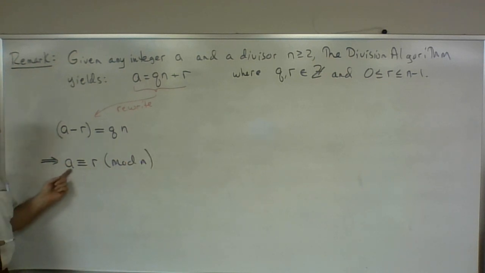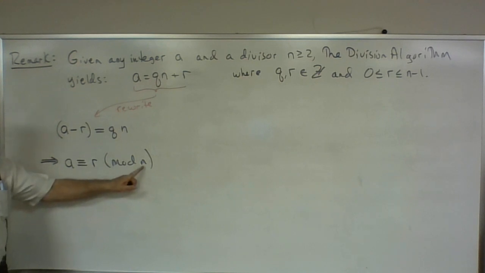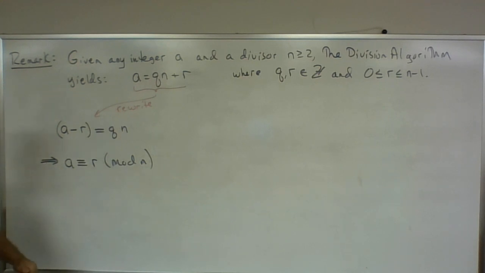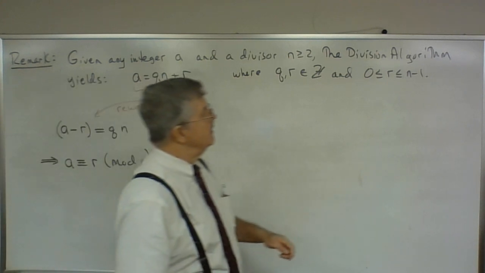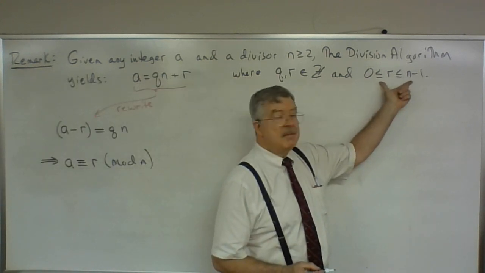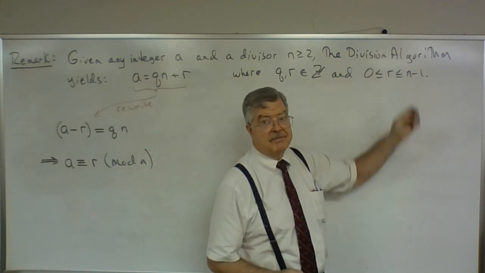So given an integer a and a natural number n greater than or equal to 2, a is congruent to some remainder between 0 and n minus 1 inclusive.